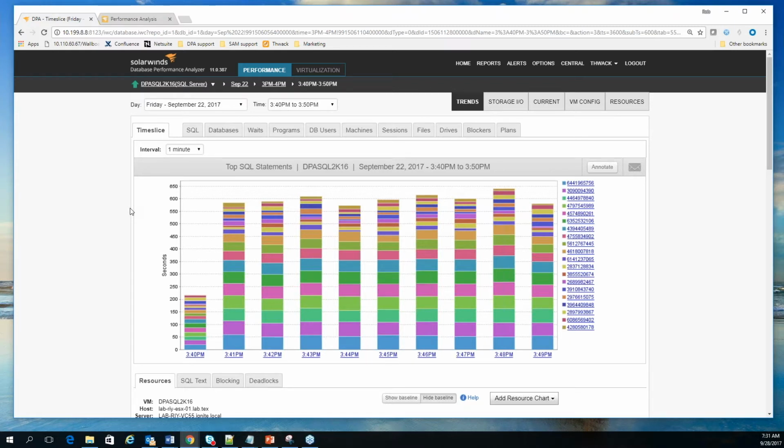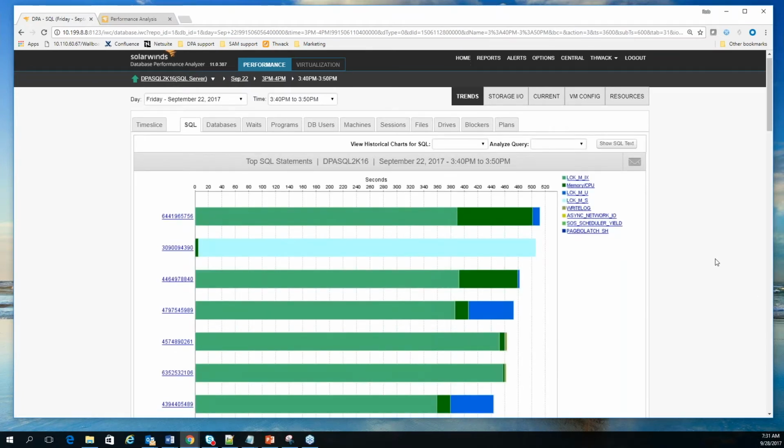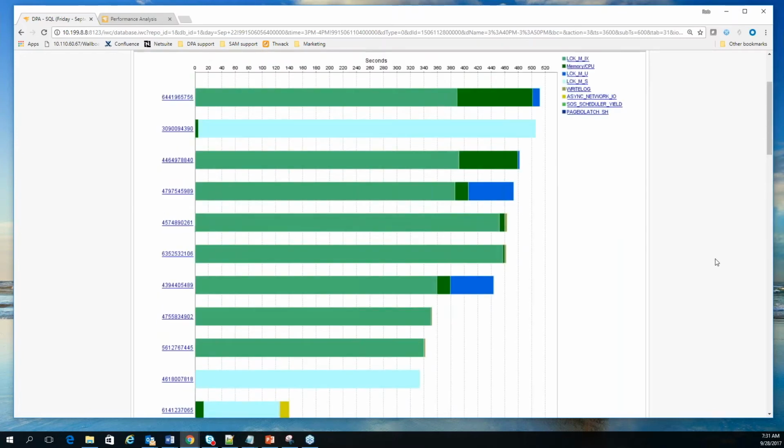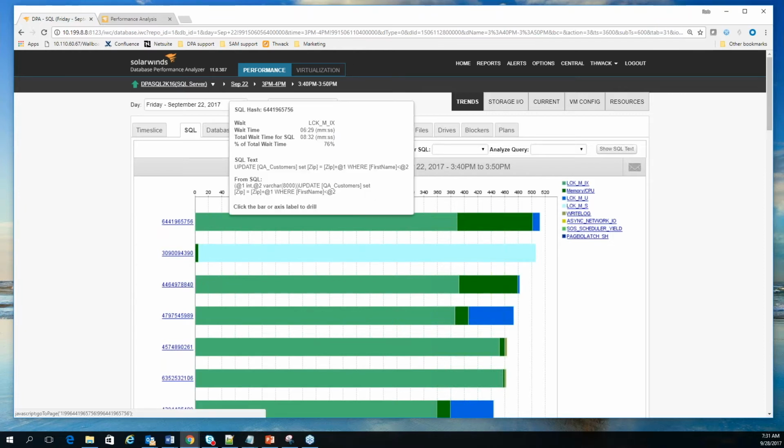So here I click in and I'm down to a 10-minute time frame. I can look at my top SQL that's running, and by the way, this defaults to the top 50 SQL statements. You can always expand that time series if you want to. But some really great information when I'm within this 10-minute time period. I can see my top SQL, I can see the SQL statement itself, so what is running.